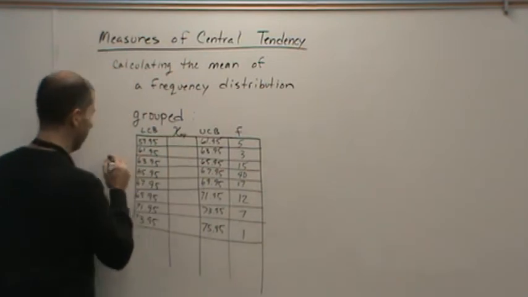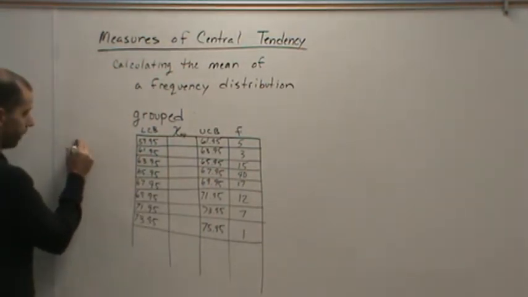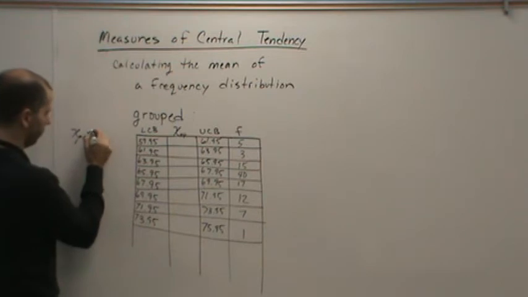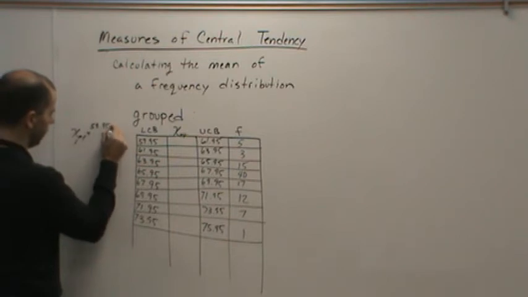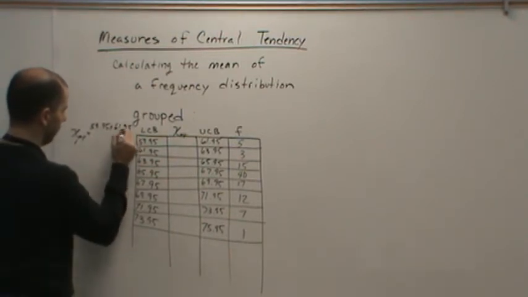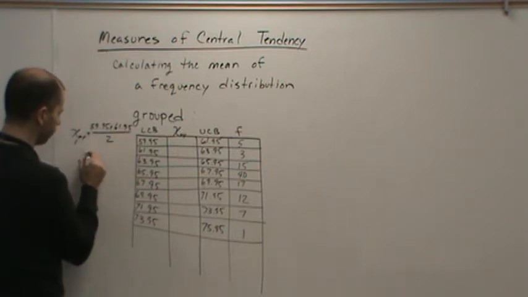Well, let's figure it out. So x sub mp, let's do the first one. It's going to be this plus this divided by 2. So it's going to be 59.95 plus 61.95 divided by 2.